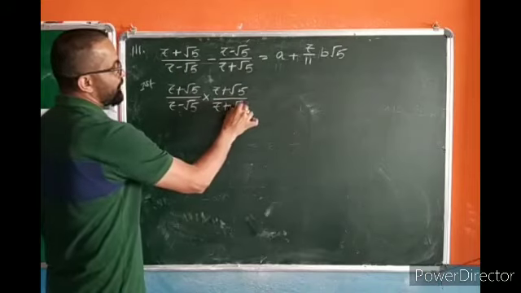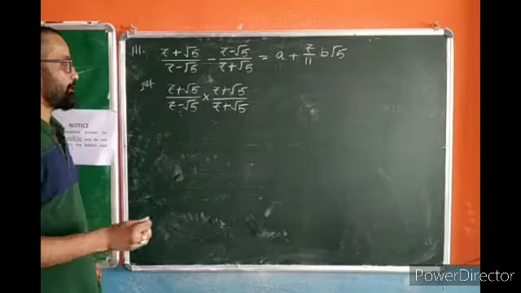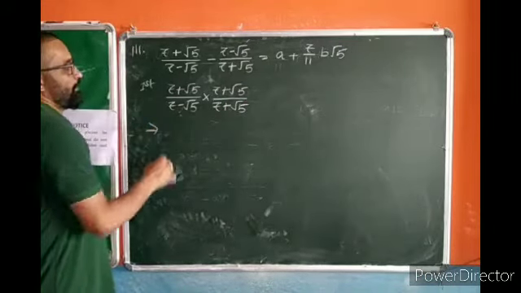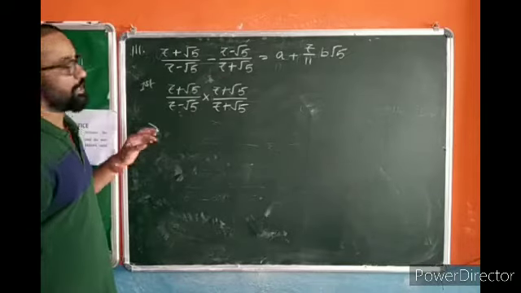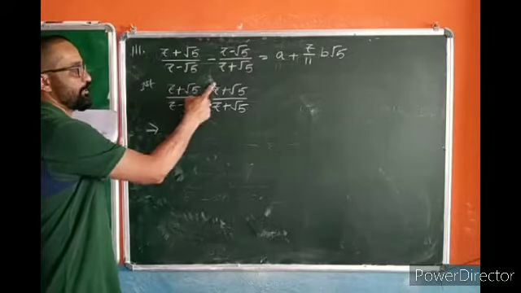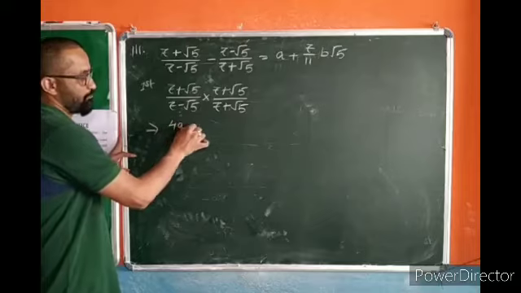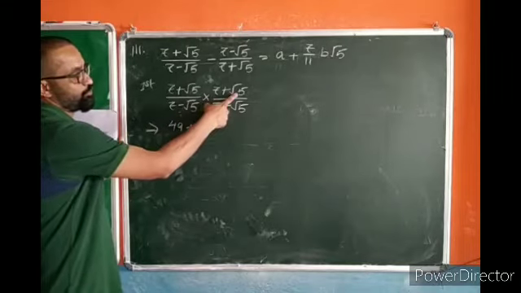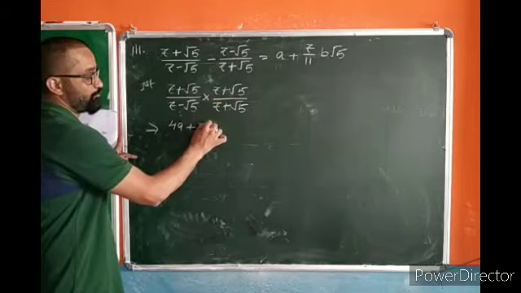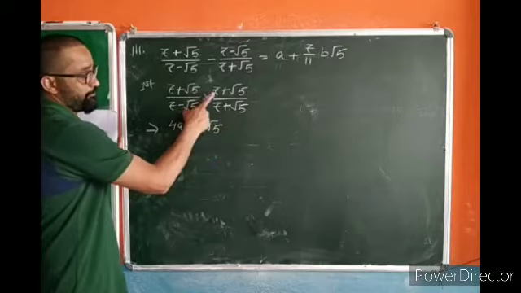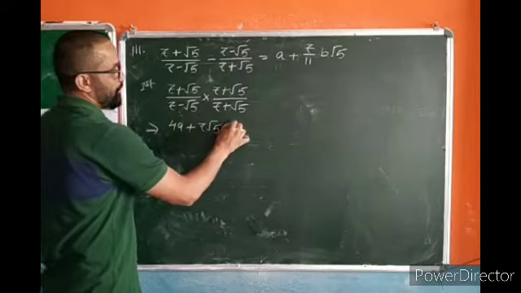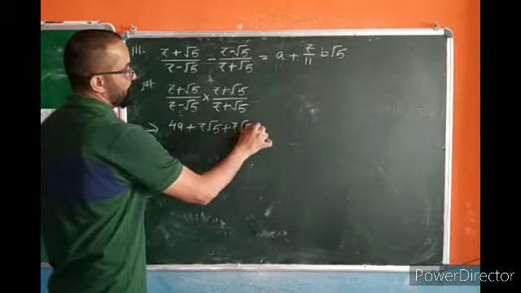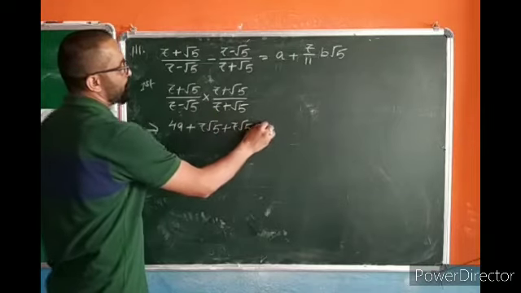Numerator and denominator are multiplied by the plus sign. 7 into 7 is 49, plus 7 root 5, plus 7 root 5, root 5 multiplies root 5 is 5.